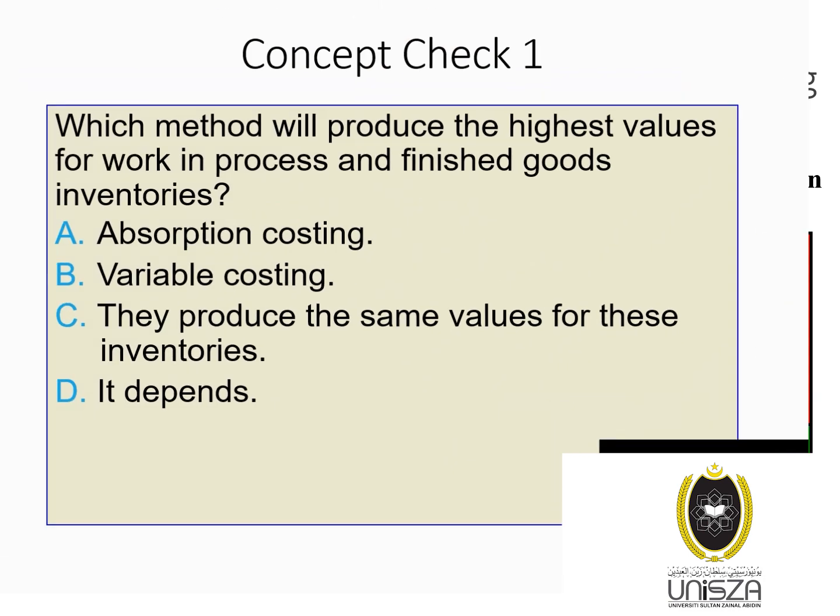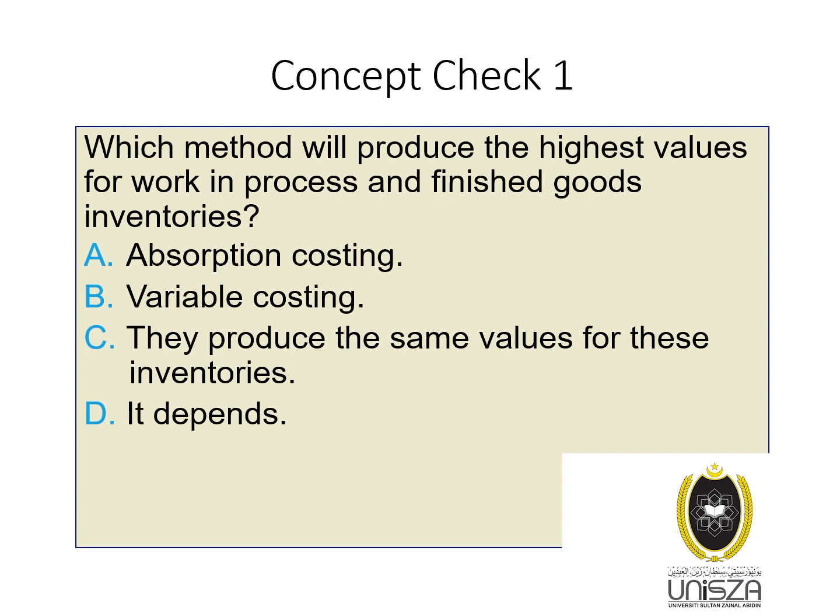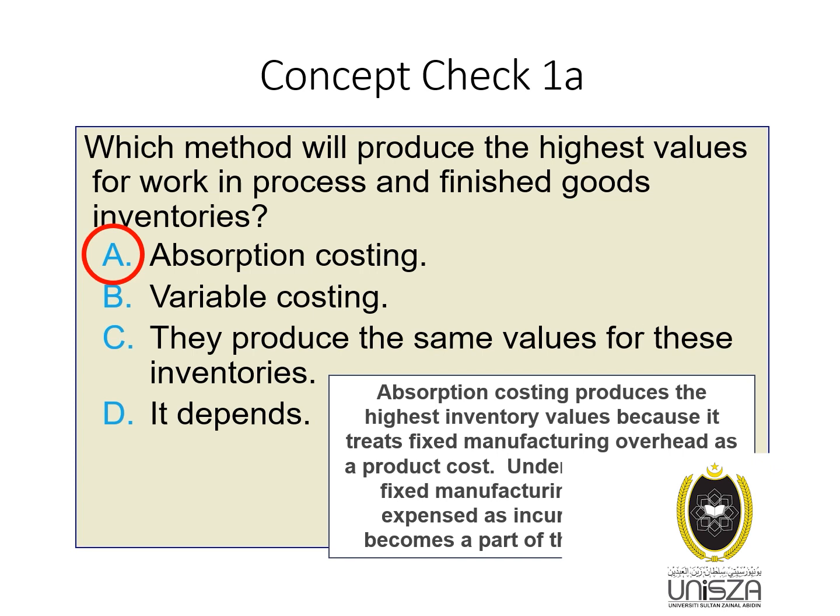Next, we look at concept check 1. Which method will produce the highest value for work in process and finished goods inventory? We know that absorption costing includes the fixed manufacturing overhead cost, and of course the method that will produce the highest value will be absorption costing.